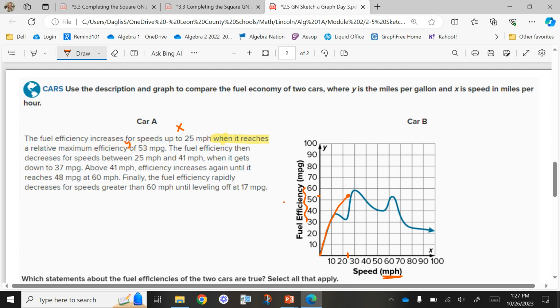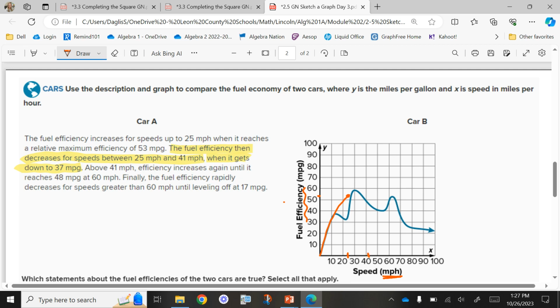All right, my next sentence. Here we go. I'm going to highlight them as I do them. Our next sentence. The fuel efficiency then decreases for speeds between 25 and 41 when it gets down to 37. Okay, so now we are going to decrease until we reach what? 41? 25, 41.